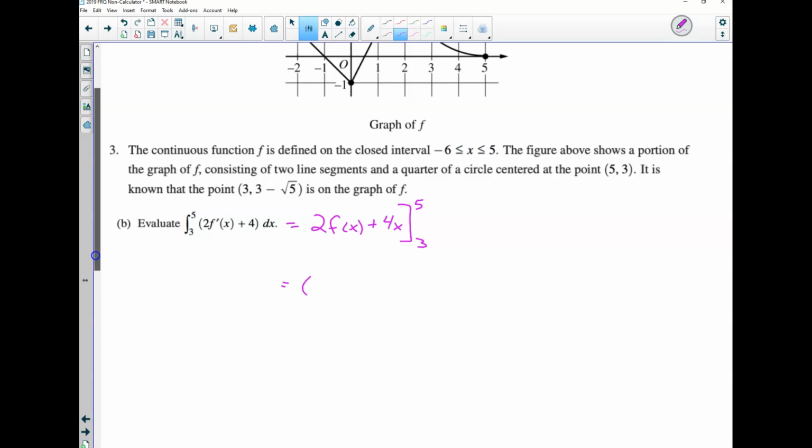So we're going to get top limit minus my bottom limit. My top limit is going to be 2 times f of 5 plus 20, minus 2 times f of 3 plus 12, I hope.